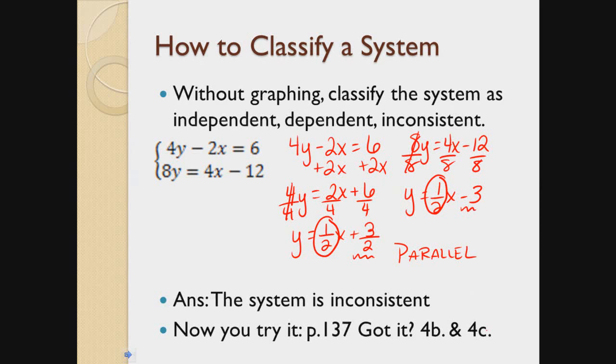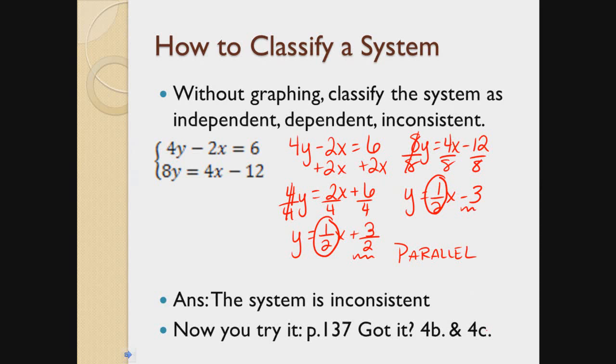Let's look at how to classify a system. Without graphing, classify the system as independent, dependent, or inconsistent. To do so, we are going to solve the equations as if we were going to graph them. Then we're going to look at our equations and try and break them down to decide what are they going to do. So let's start with the first equation. 4y minus 2x equals 6.